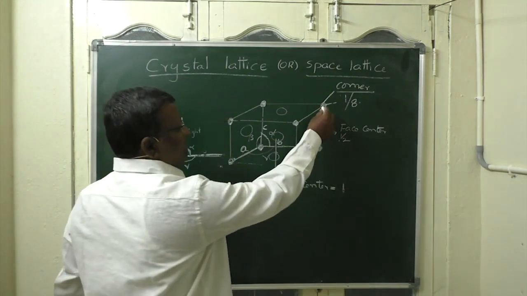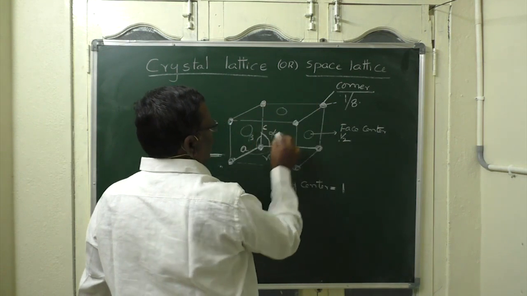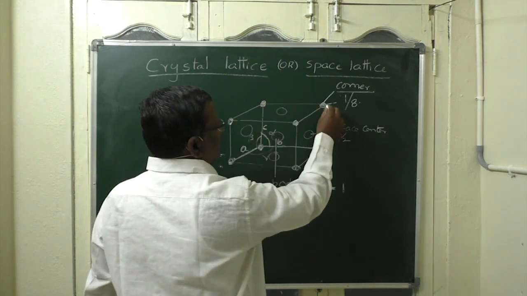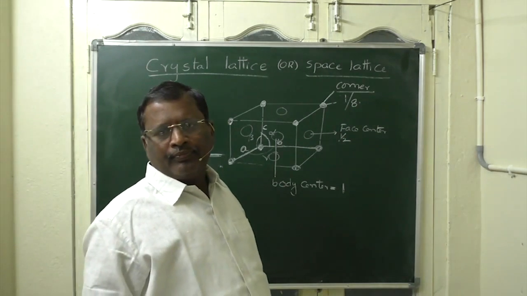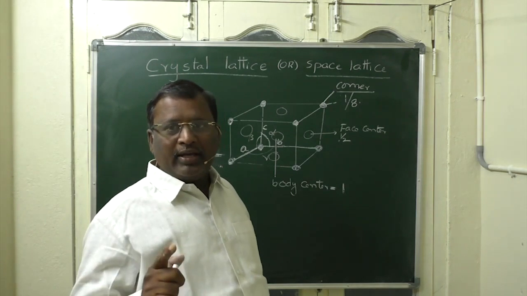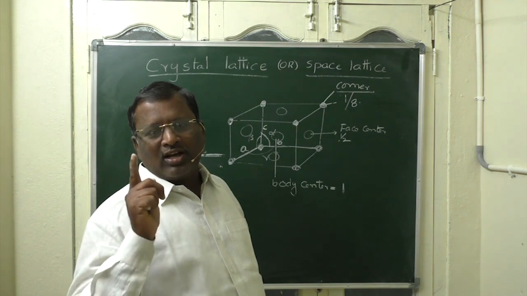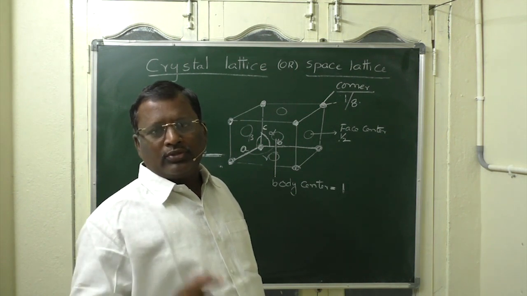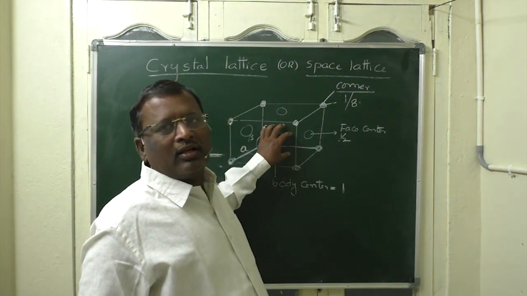This is the corner of the unit cell. The constituent particle which is present at the corner is shared by 8 other unit cells. That is why that corner atom contributes only 1/8 of it to the particular unit cell.